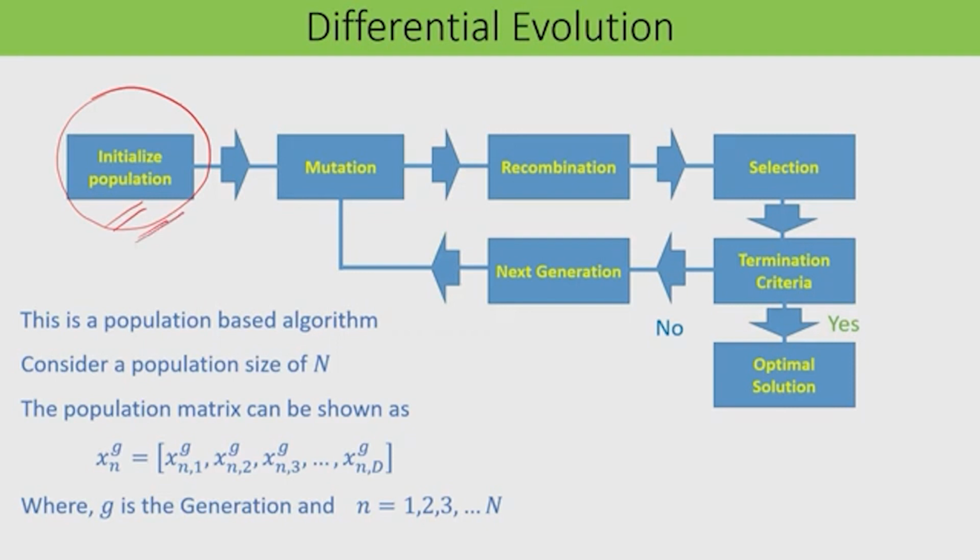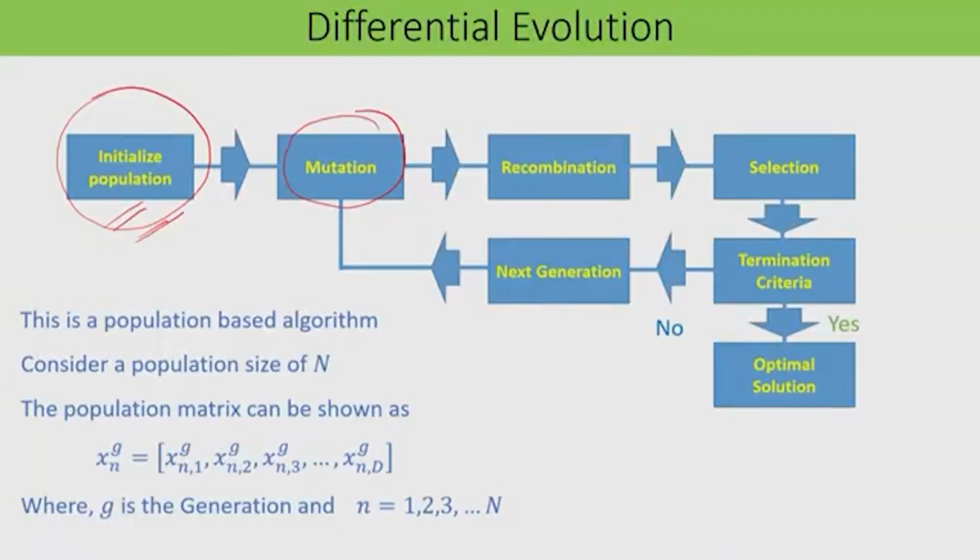After that we are creating or mutating the solution. This mutation is different from what we discussed in the case of the genetic algorithm. The mutation process is different, but the objective is the same, that I would like to create a new solution. Then we use recombination, which is also not similar to what we used in the genetic algorithm.